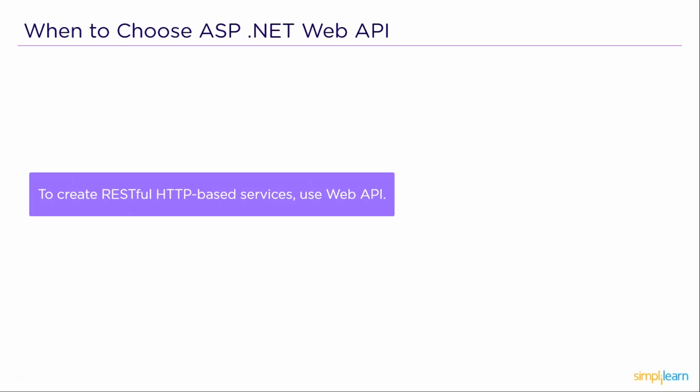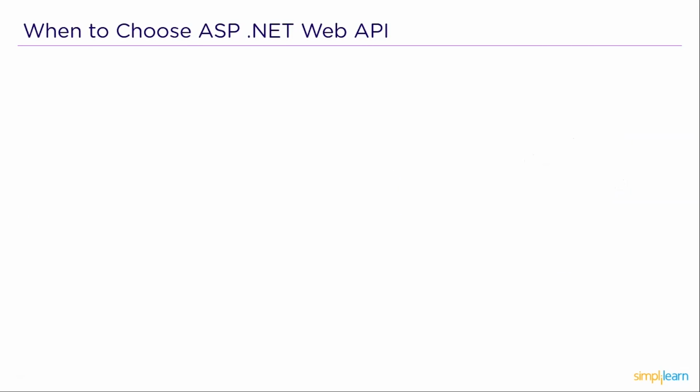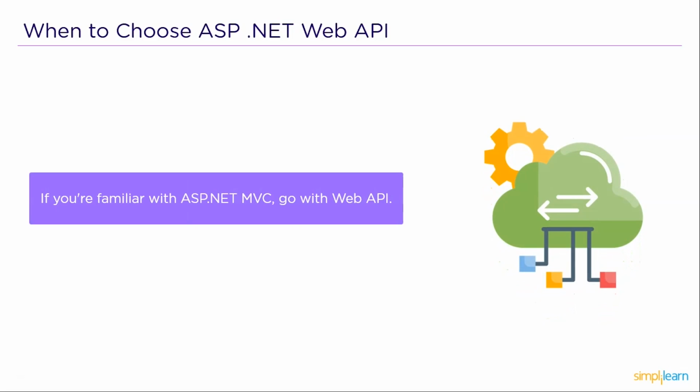When creating RESTful or HTTP-based services, we choose ASP.NET Web API. The final reason to use ASP.NET Web API is that it is similar to ASP.NET MVC. Now, we will look at the practical demonstration of C# Web API.